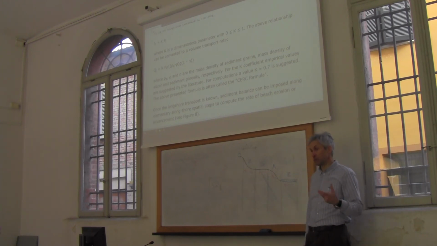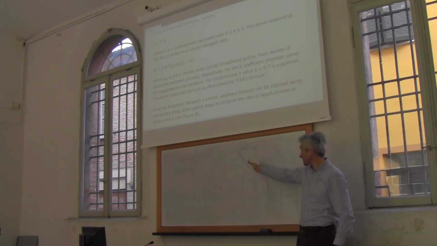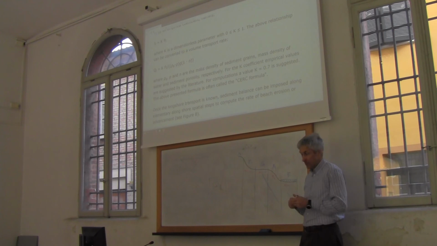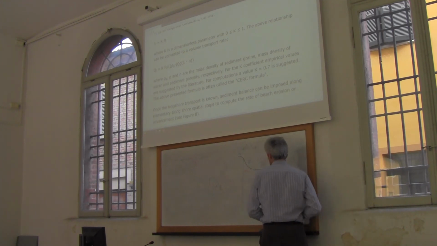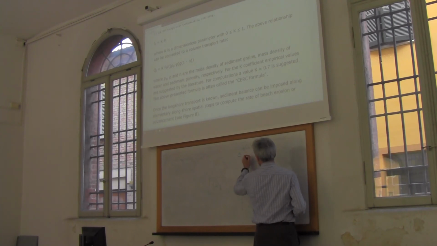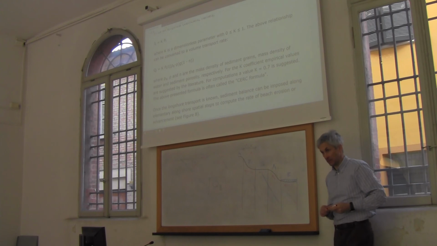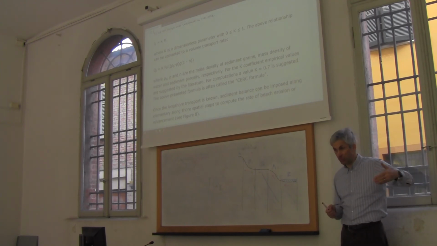And then the next question is, how does the beach evolve? Of course, when there is erosion, there is a movement of the beach landward. But how does this movement occur?